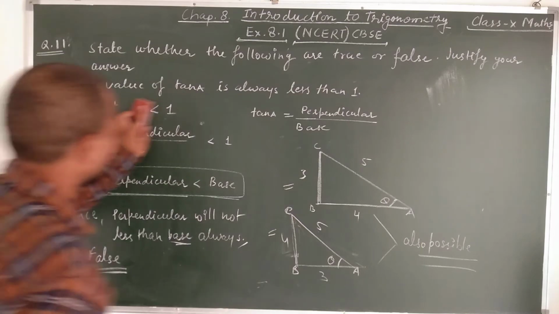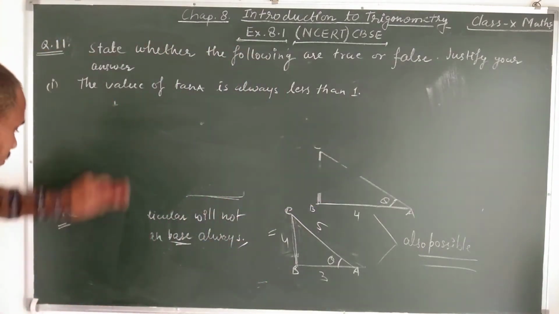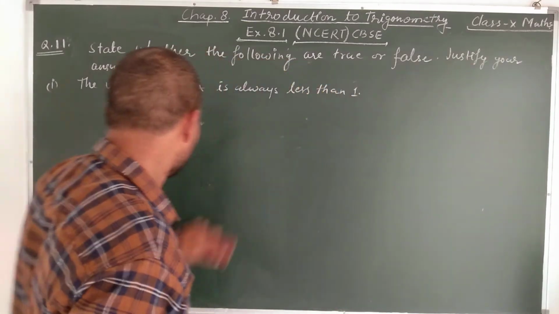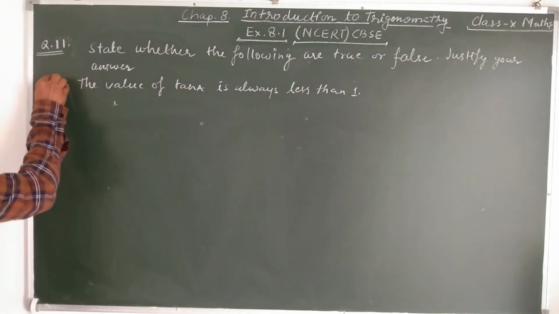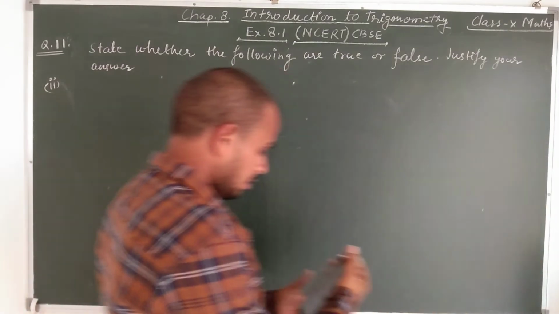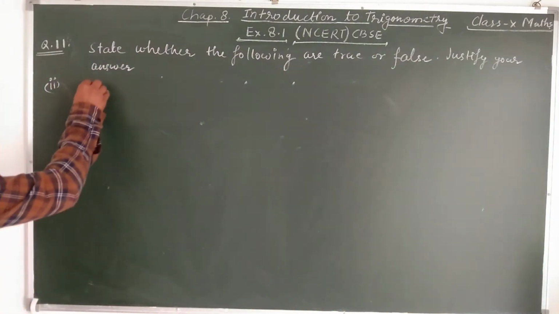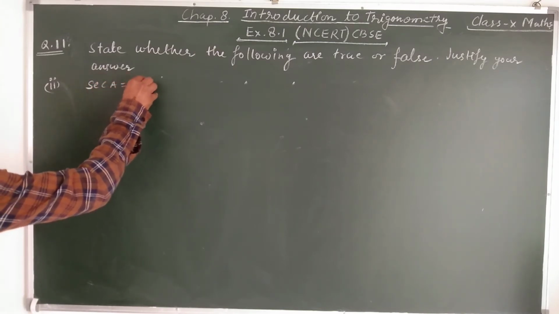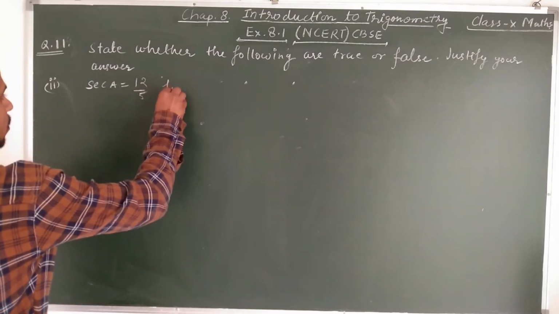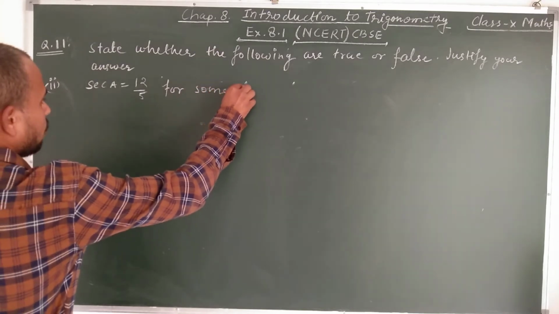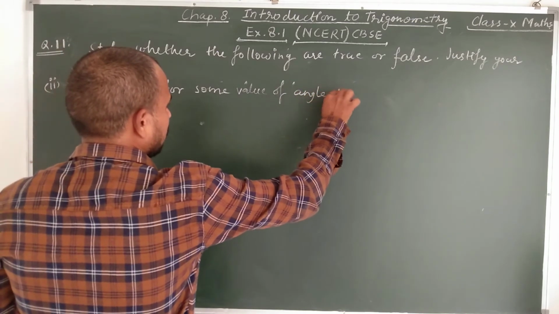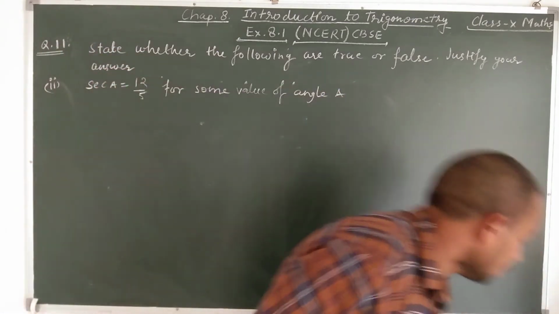We proceed to the next, second part. The second part says that sec A equals 12/5 for some value of angle A. Let's check this.